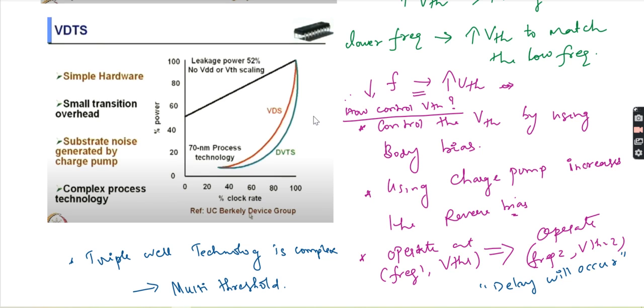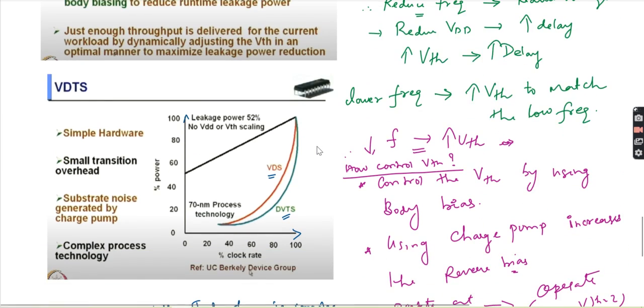We are showing here the circuit clock rate, as a percentage. Here we are seeing two different curves. One is VDS, which is nothing but power supply scaling. The other is DVTS, dynamic voltage threshold scaling.